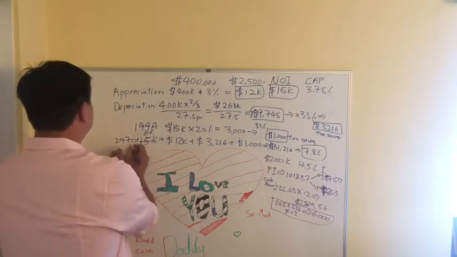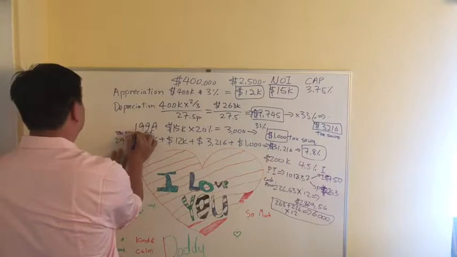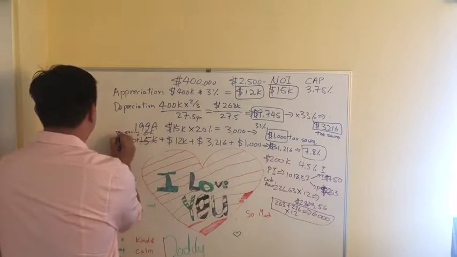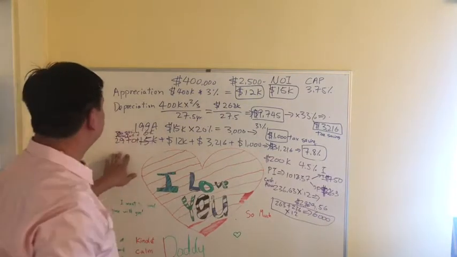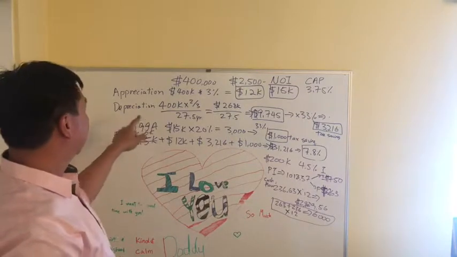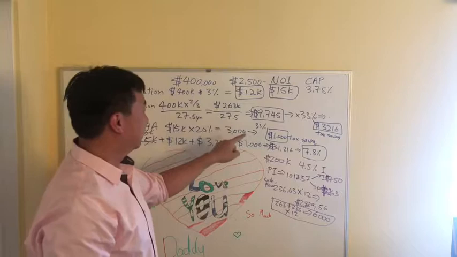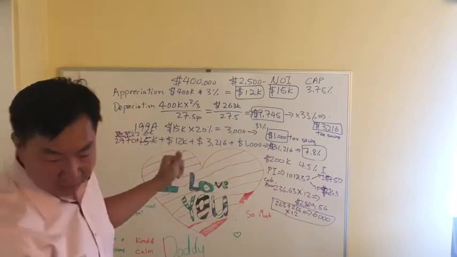So this is the tax saving from interest. So $2,970 plus $6,000 plus $12K plus $3,216 plus $1,000. I already did the math. It's $25,186.